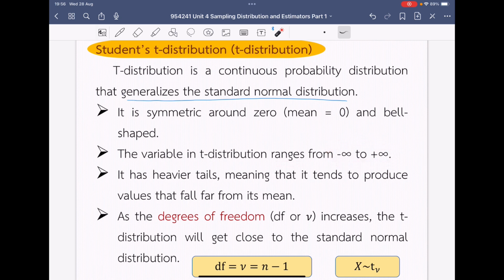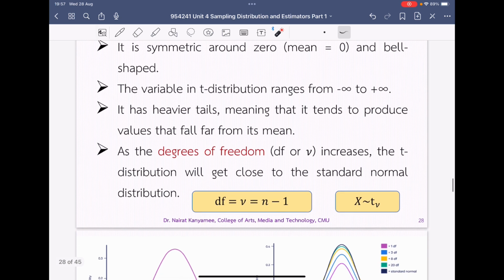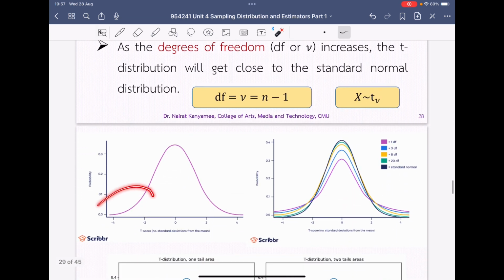And it has heavier tails, meaning that it tends to produce values that fall far from its mean. Looks like the normal distribution, but has more values along the sides.